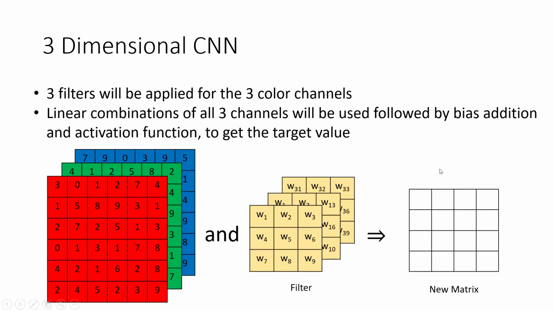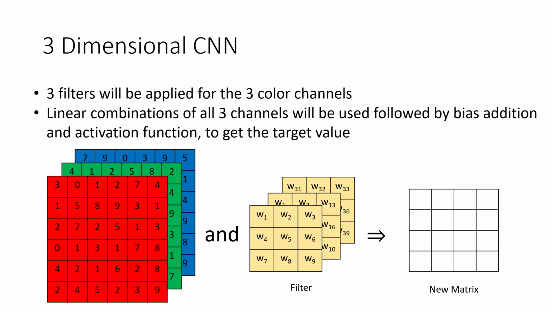So in the last week, we were discussing a scenario where there is only one input image or a matrix, and once we apply a filter, then we get an output matrix or a set of features, right?